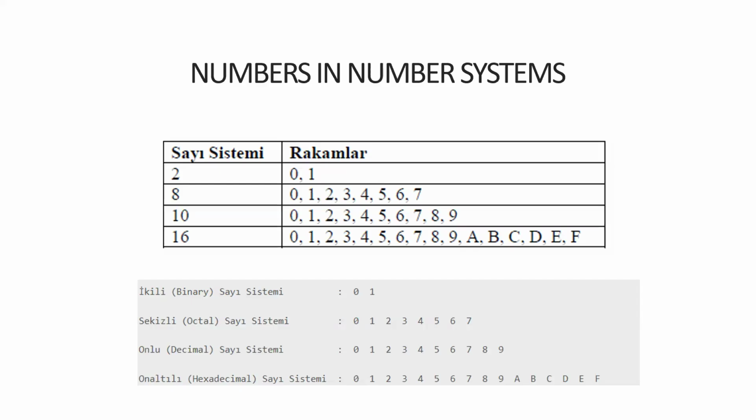We need to use letters. So A is 10, B is 11, C is 12, D is 13, E is 14, and F is 15. So the maximum is 15. Okay.